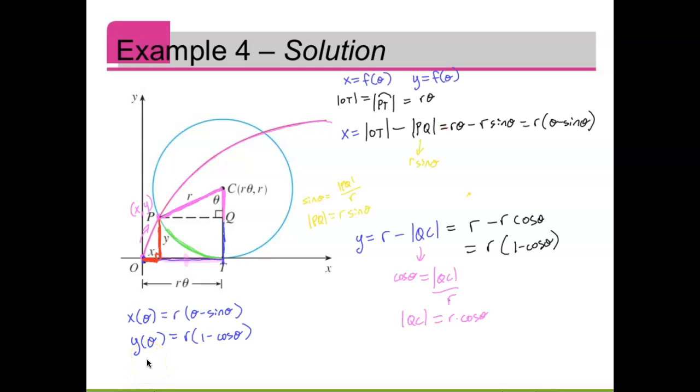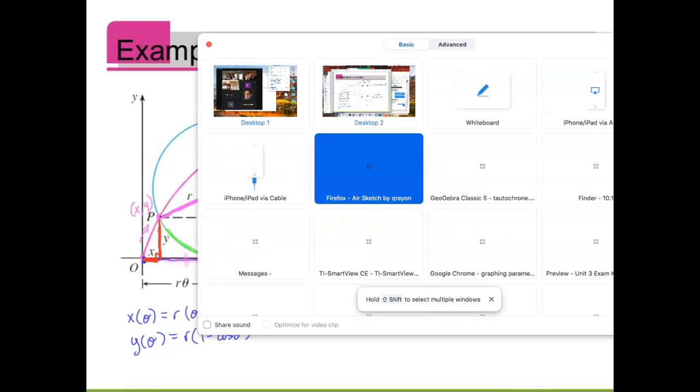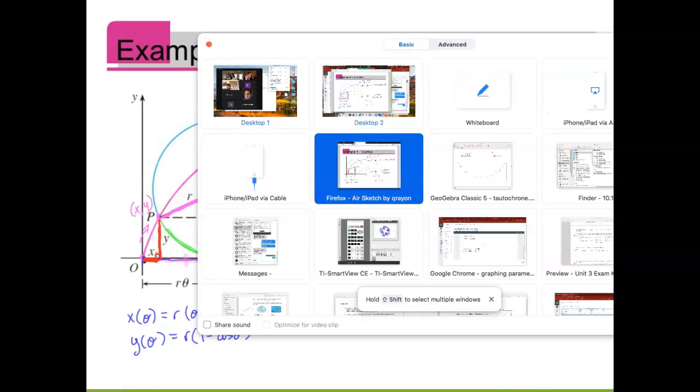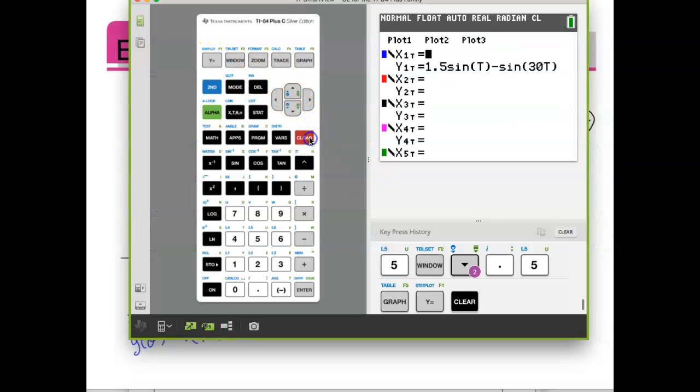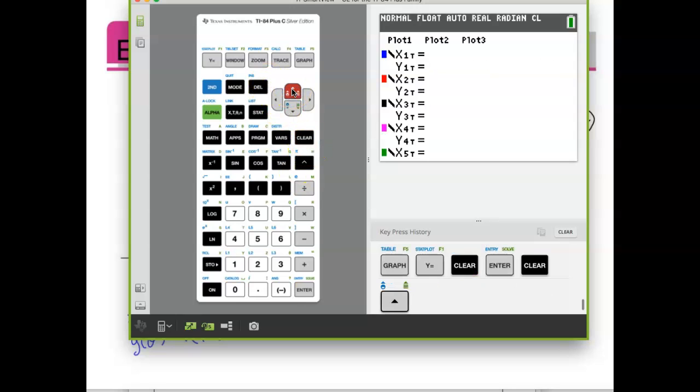So let's try this in our calculator. Grab your calculator. Let's just set the radius to 1 for now. So we'll say we're dealing with the unit circle. So if I'm dealing with the unit circle, my radius is just 1, and then I'll do x equals t minus sine t.